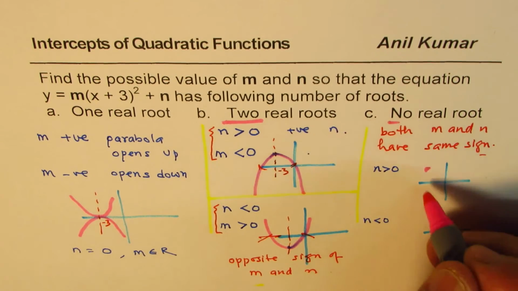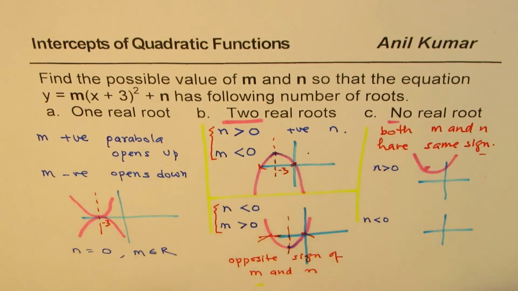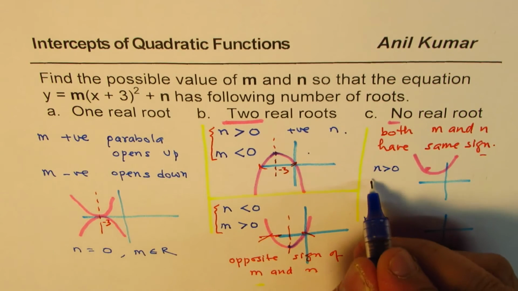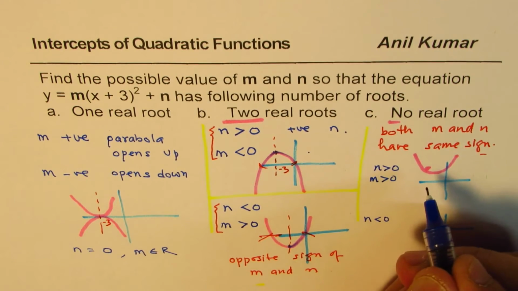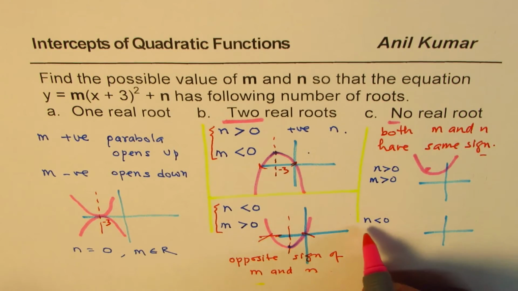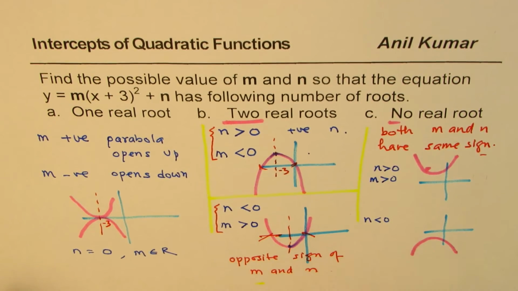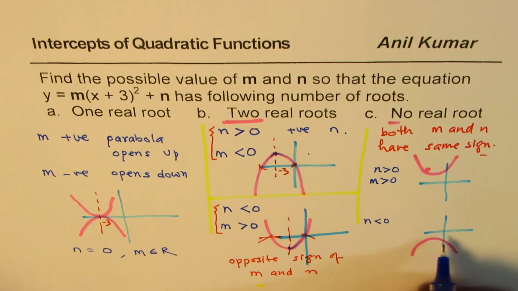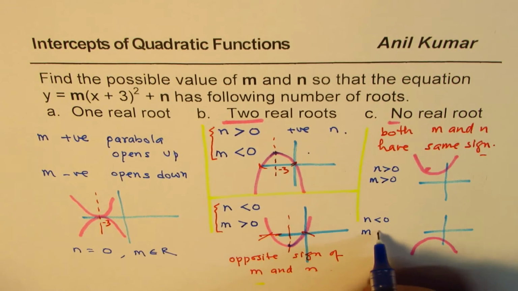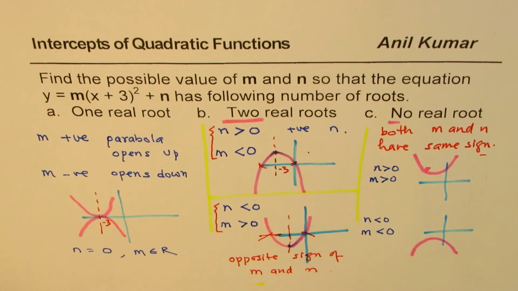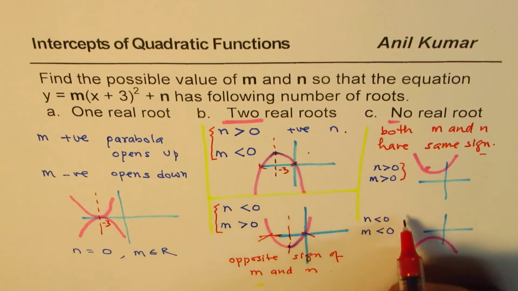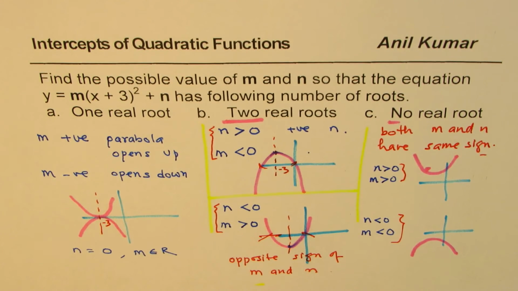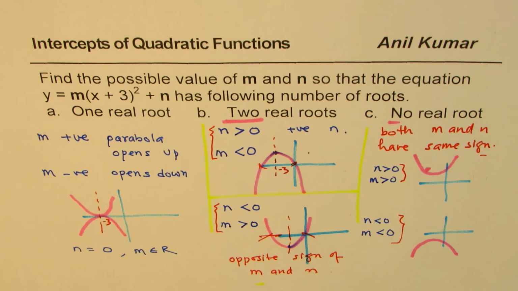And no roots means you open up. Open up means m is also greater than 0. Does it make sense to you? The other case is when n is less than 0 and the parabola opens downwards, then there are no real roots. So m is also less than 0. Do you see that? So these are the two cases where the parabola will not have any roots. That is how you could understand and solve such questions.